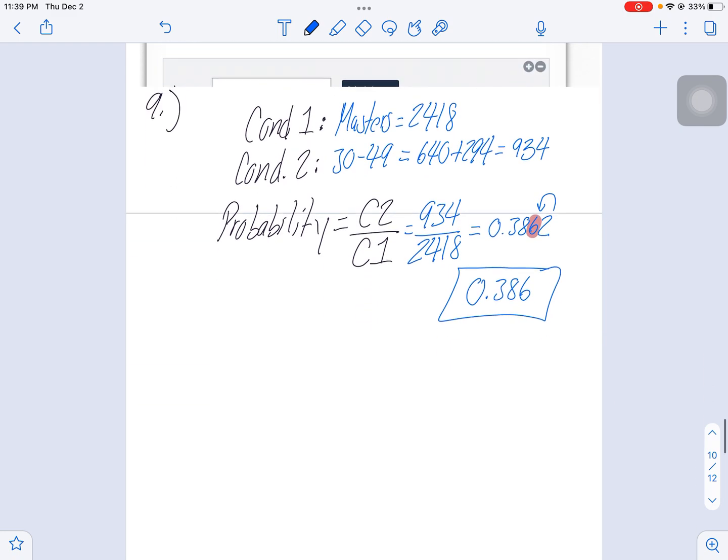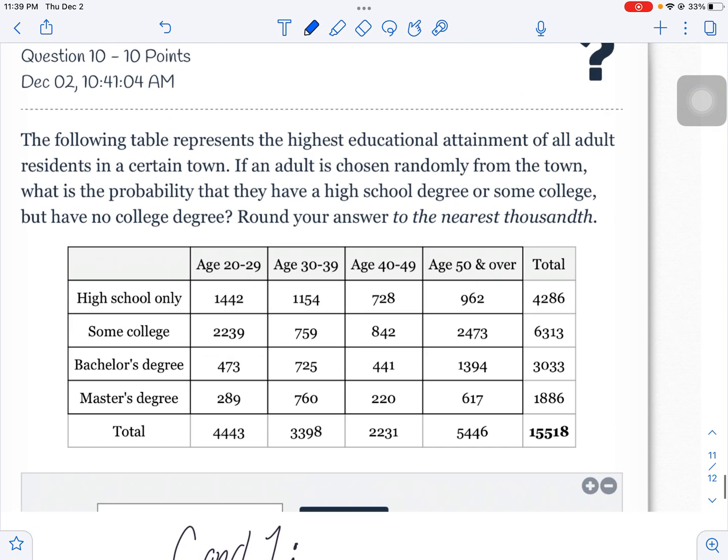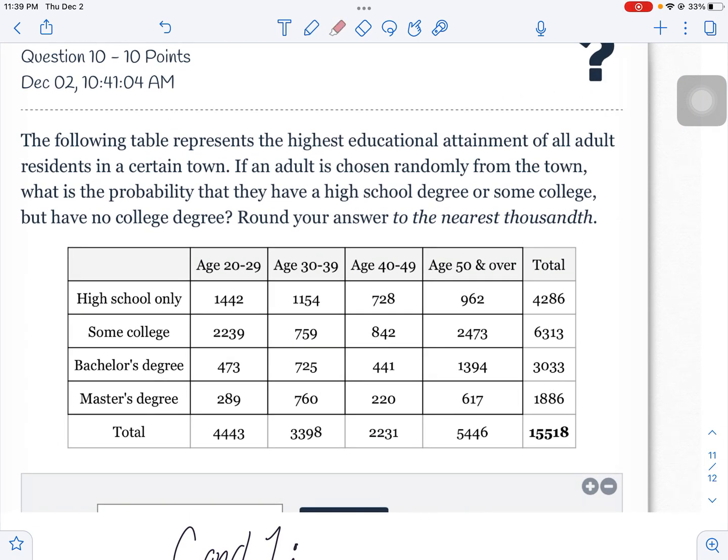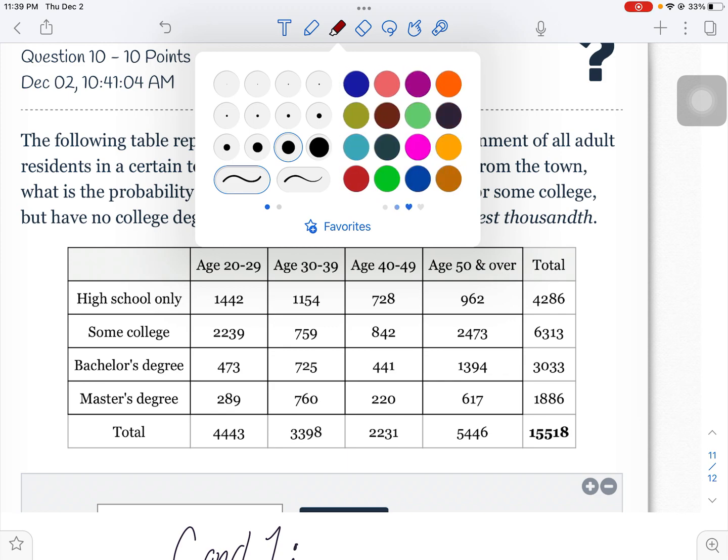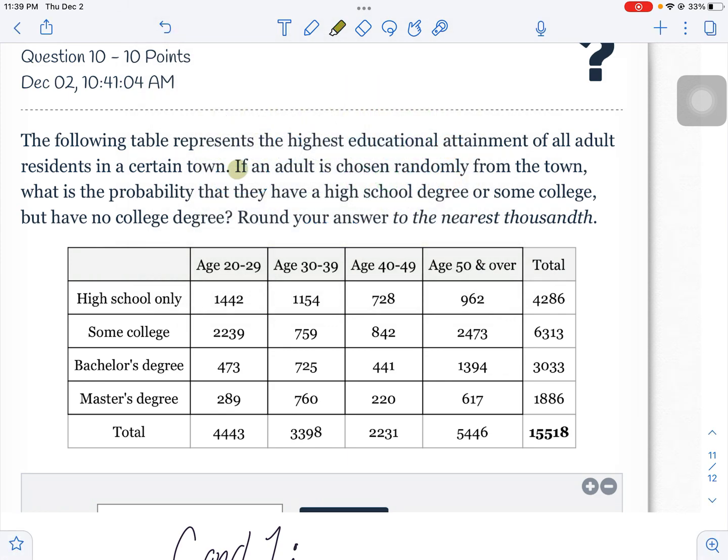All right. Finally, the last type of problem you might see here. So let us find our conditions. If an adult is chosen randomly from the town, total of 15,518, what is the probability that they have a high school degree or some college degree?